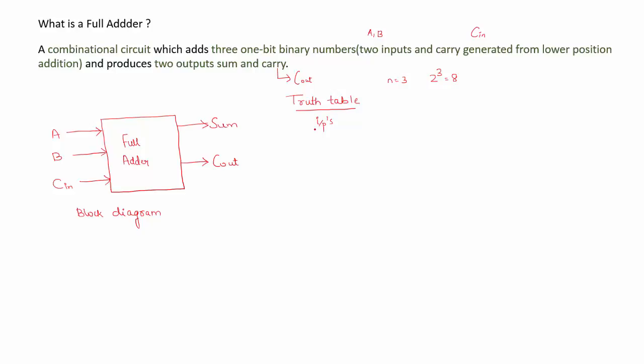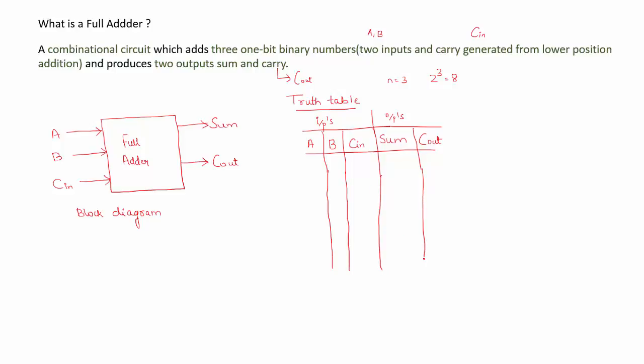So inputs are A, B, C in, and outputs are sum and C out. I'll write down the 8 input combinations.